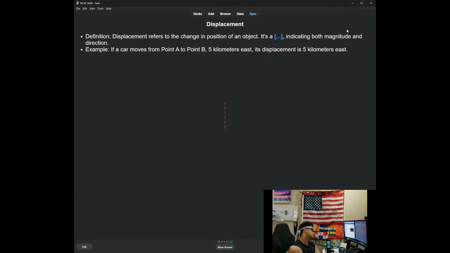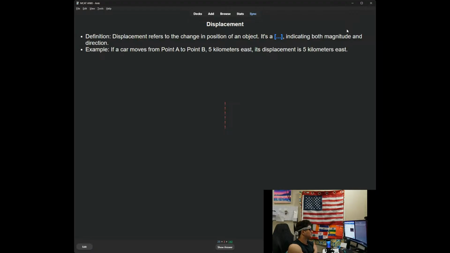Displacement refers to the change in position of an object, the position it ended compared to the position it started.